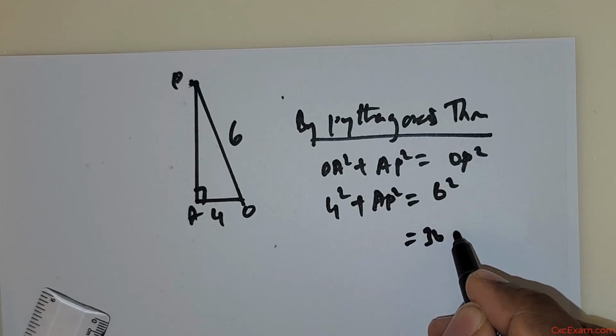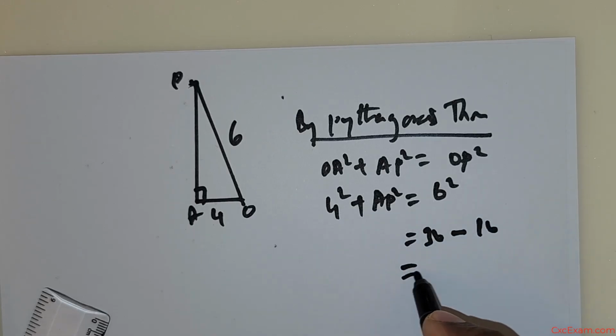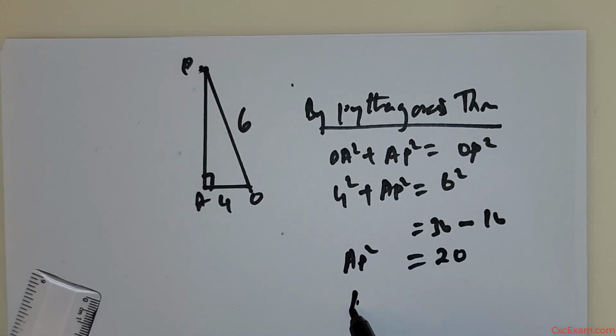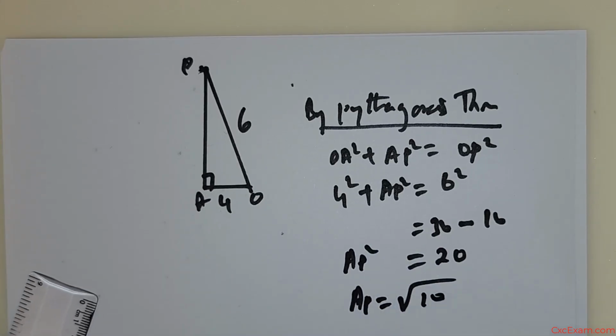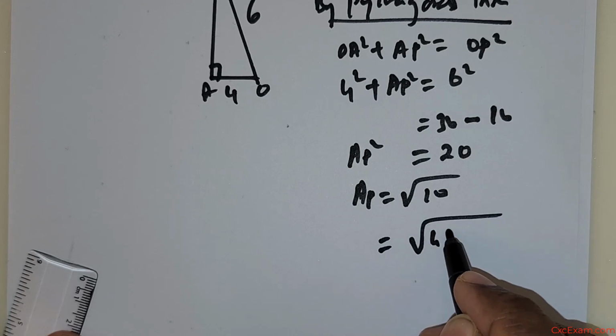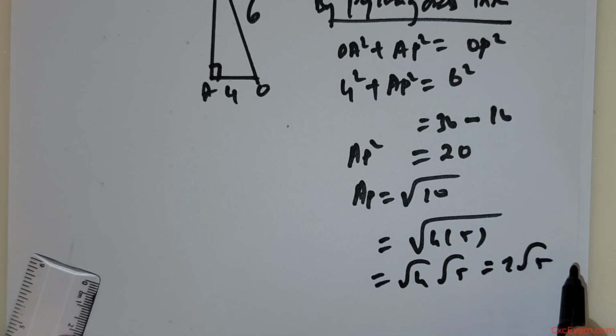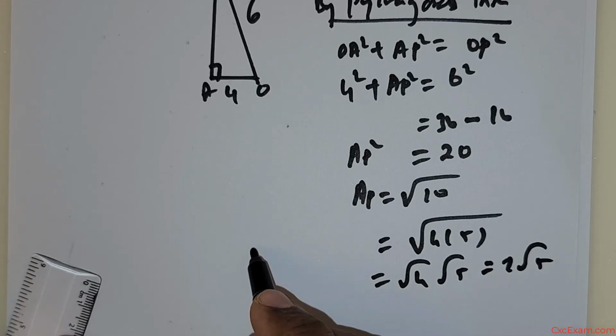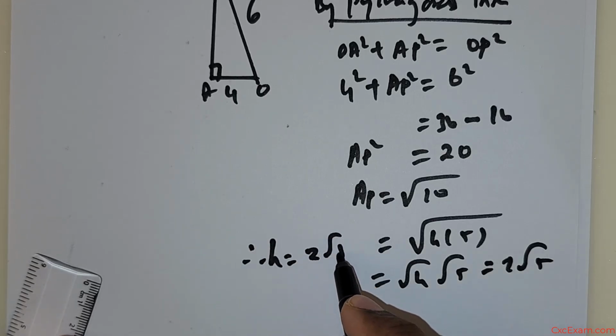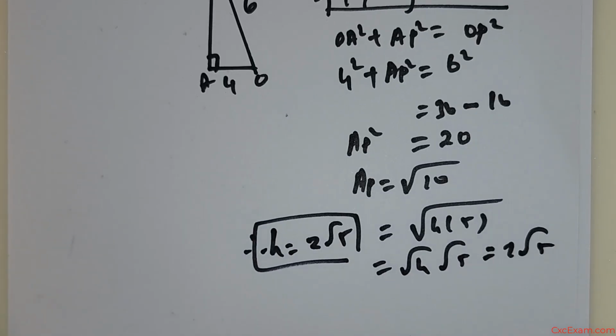So this is 36 minus 16, which is going to give me 20. Now this is AP squared. So AP is equal to root of 20, which is root of 4 times 5, which is root of 4 times root of 5, which is going to be 2 times root of 5. So this is my height. H is equal to 2 root 5.